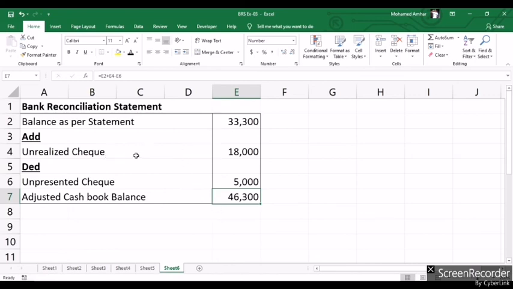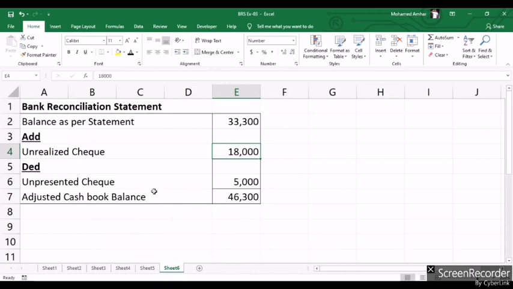One is the unrealized check of 18,000. The other is the unpresented check of 5,000. So the bank would be vigilant for the next couple of days. In the next couple of days, the unrealized check would be realized, so the bank will adjust this, and the unpresented check also will be presented, so the bank can adjust it.